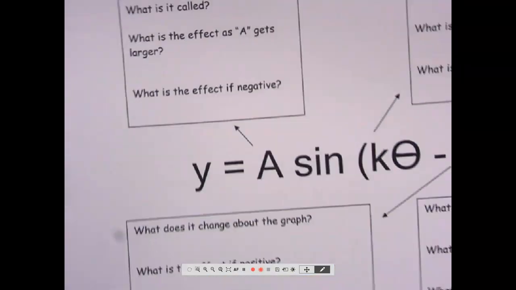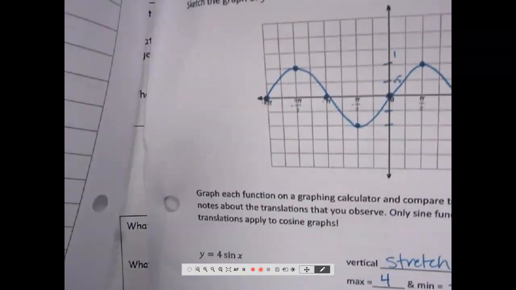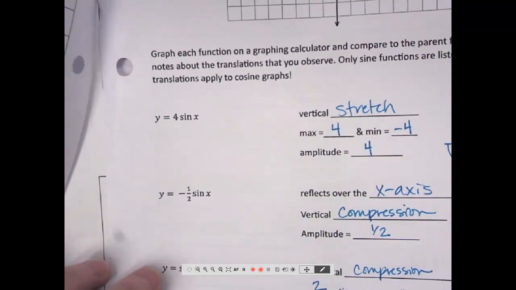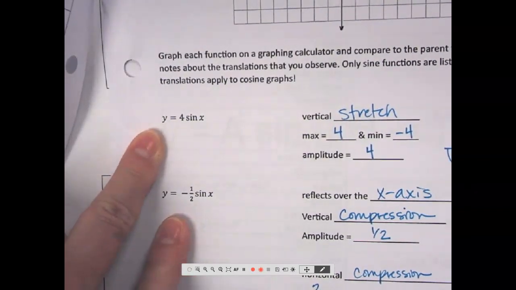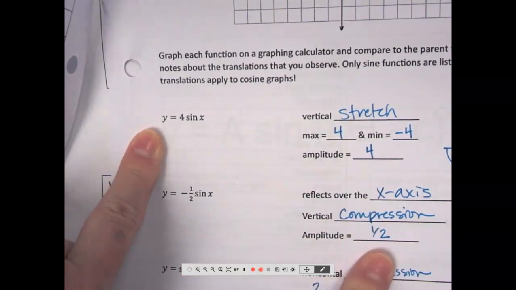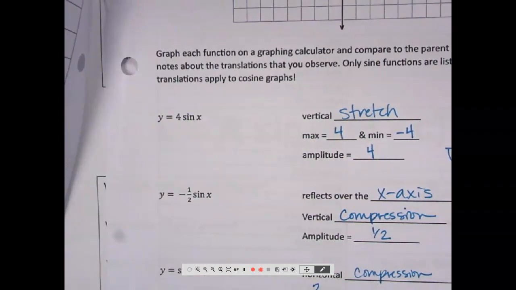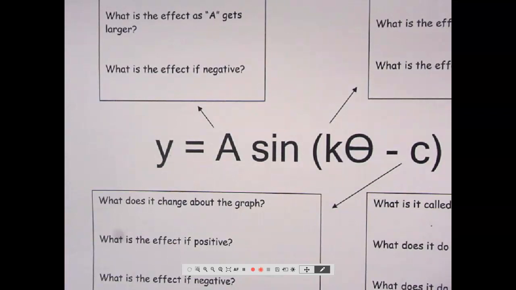When I changed the number in front of sine, for example, the 4 and the 1/2 here, what did it change? What did the 4 do, and what did the 1/2 do? Look over here at our notes. The amplitude. It changed how tall or short the graph was, which inadvertently also changes the maximum and minimum values.